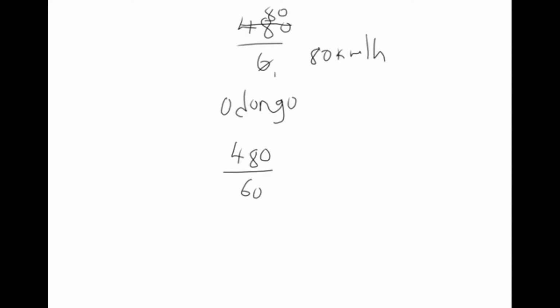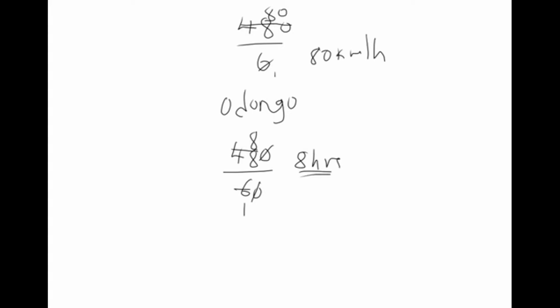This is distance, this is average speed or speed. We want to get the time. Therefore 0 will cancel 0, by 6 1, by 6 8. So Odogo took 8 hours.